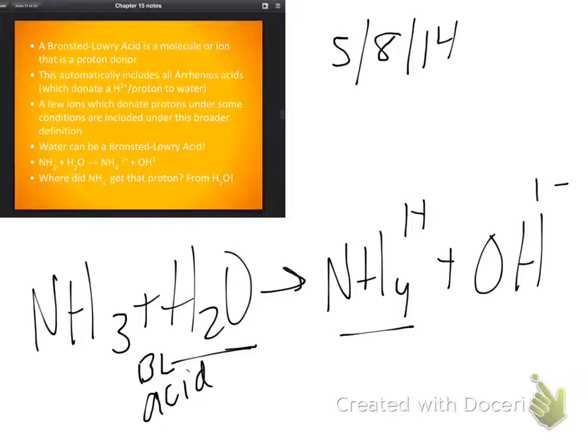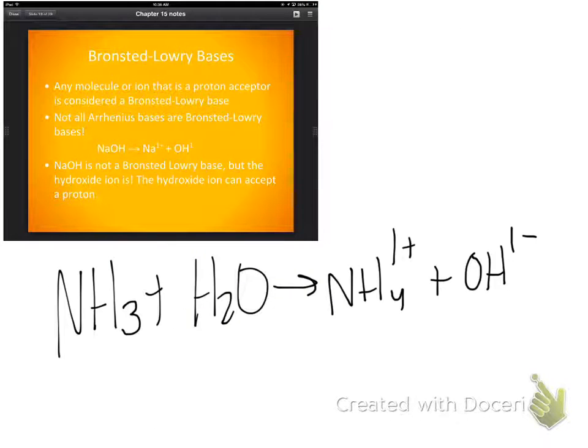If water gave up the proton, who accepted the proton? Yeah, the ammonia accepted the proton. That leads us to talking about Bl bases. If we revisit our reaction from the previous slide, this we said was a Bl acid because it donated a proton.